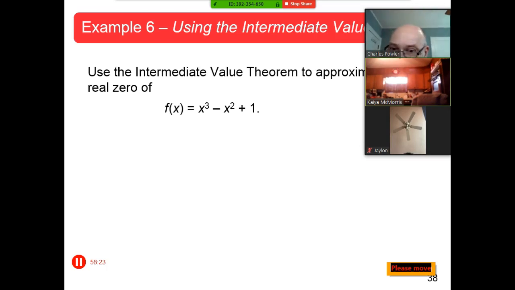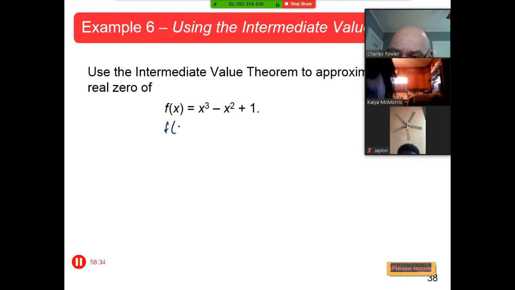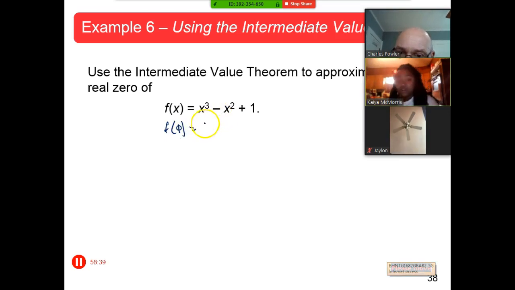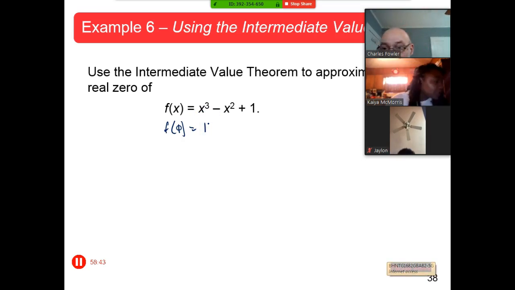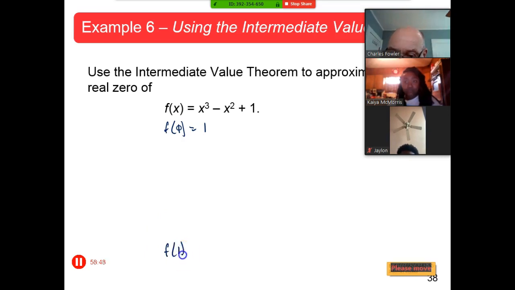Okay, let's back up here. Let's try the easiest x. What's the easiest x to do? 0. What would that be? 1. Okay, let's do f of 1. That's equal to 1 minus 1 plus 1.